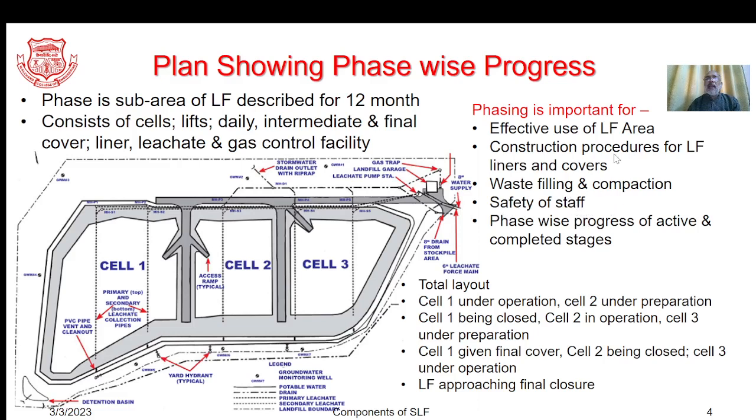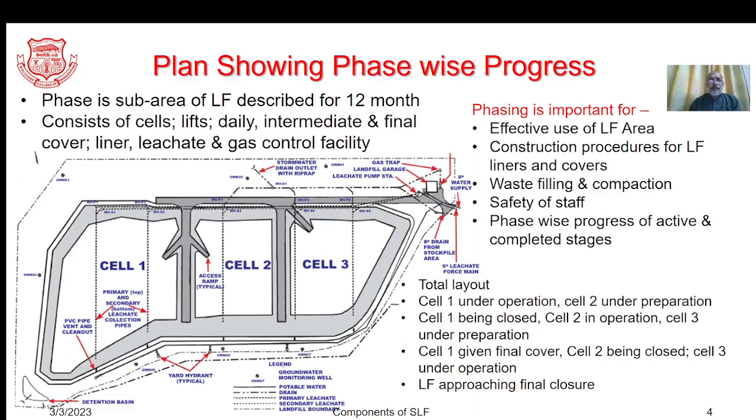As well, it is a sort of map in order to maintain the progress in an active manner as well as to facilitate the successful completion of the various stages of that landfill.